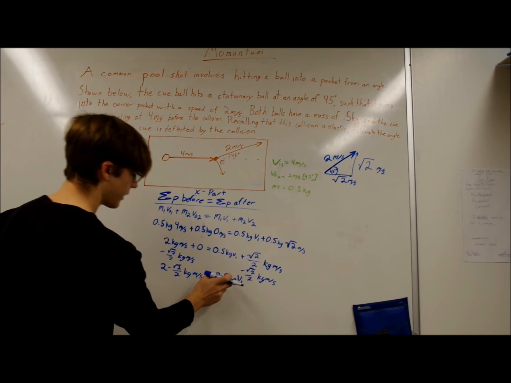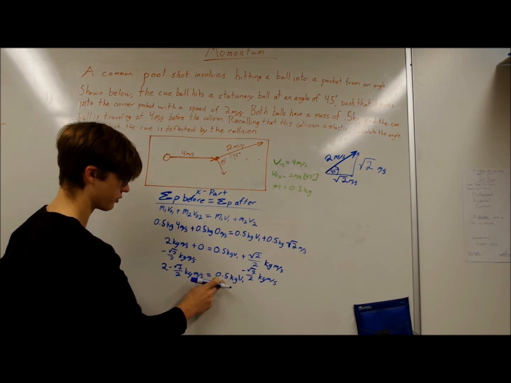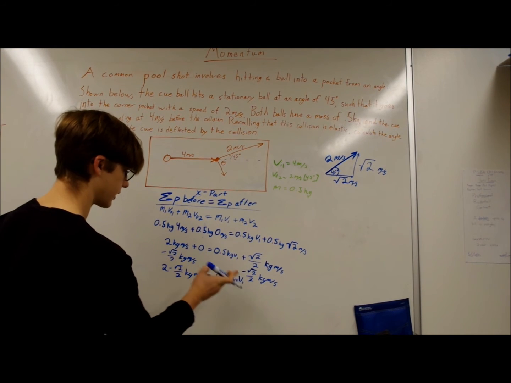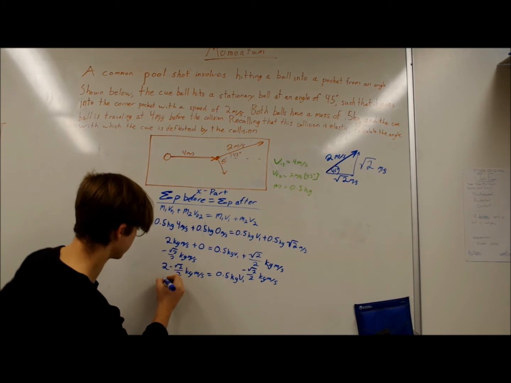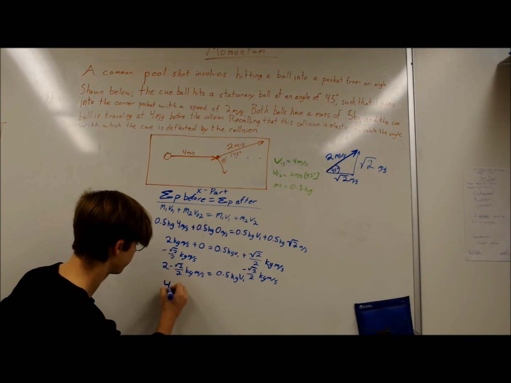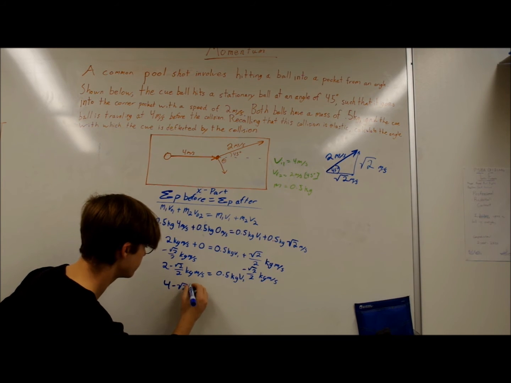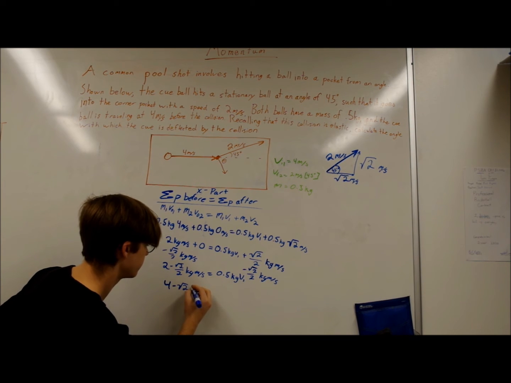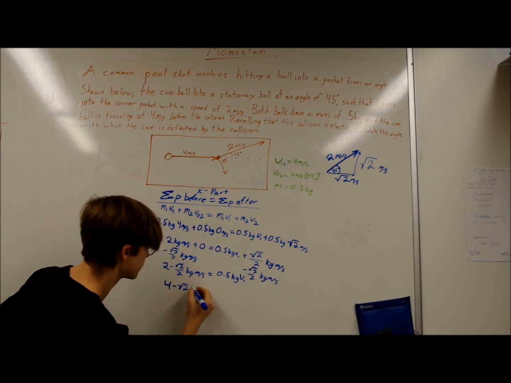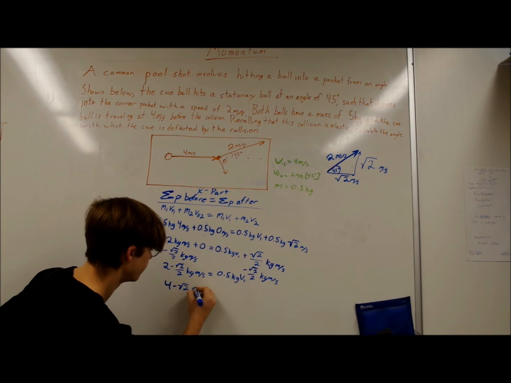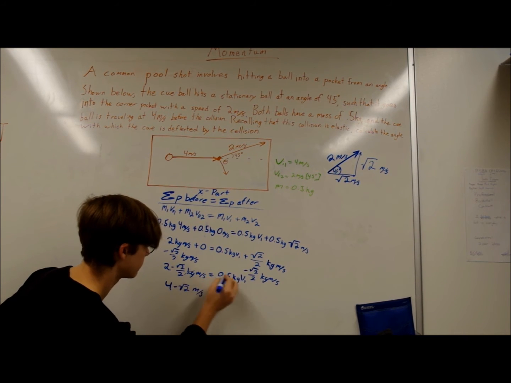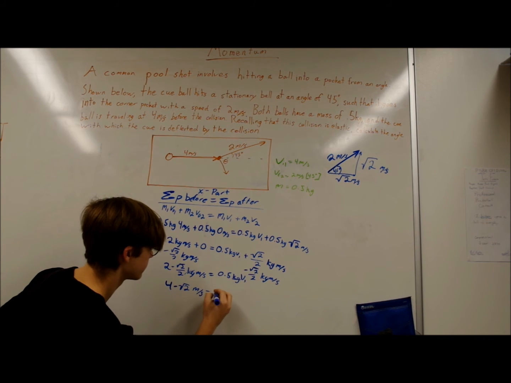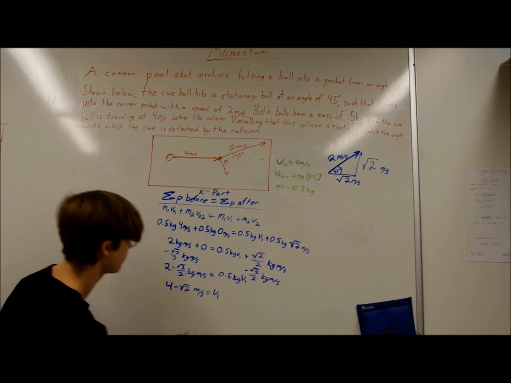Now we can divide all terms by 0.5 or multiply all terms by 2. And so we get 4 minus the square root of 2, and this cancels out the kilograms too, meters per second equals the velocity.